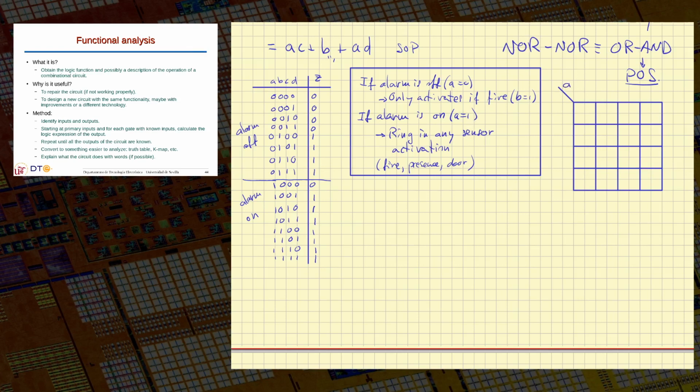So I have AB, CD, 1, 0. Now, first thing is to move all the information from the truth table to the Karnaugh map.